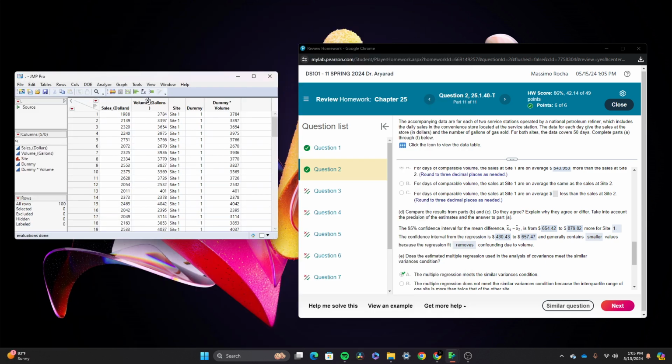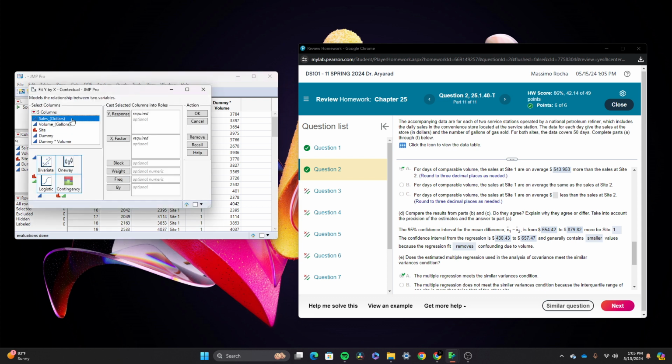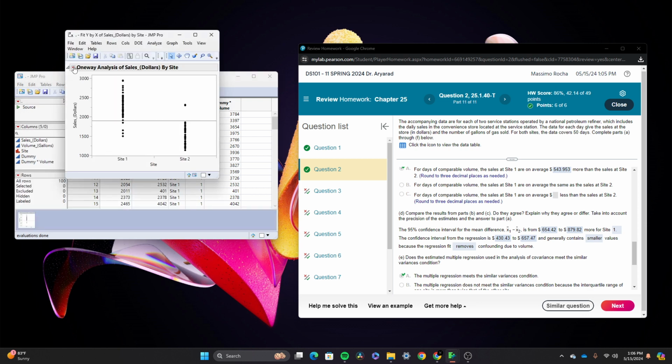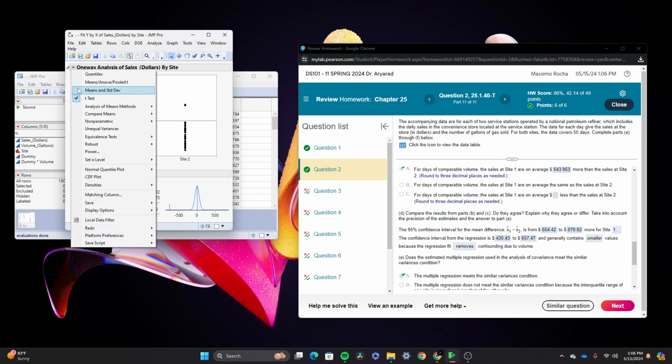You get that. To get these right here, gotta exit out of that. Go analyze. It's what we did before. This one. Fit line.